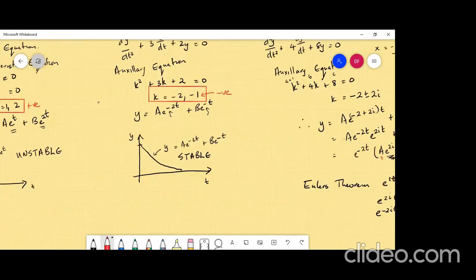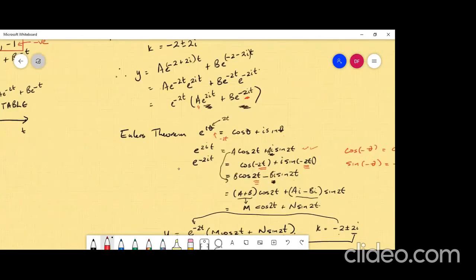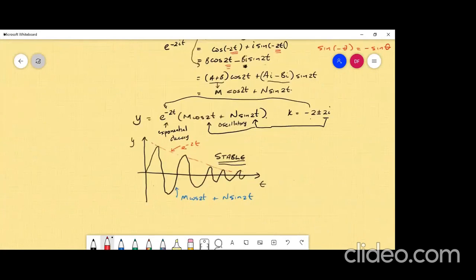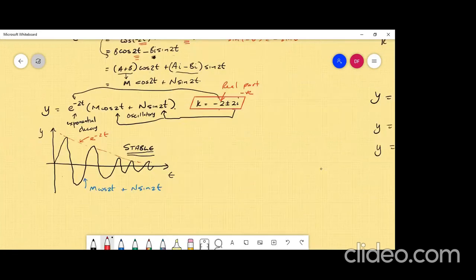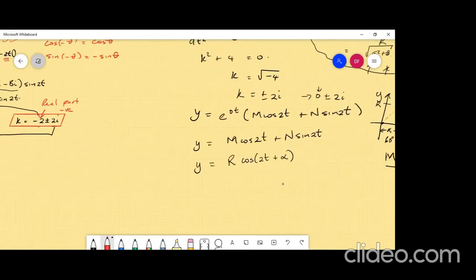But let's look at this one here. This one is oscillatory and stable, but if you look at the roots of this equation, the real part of the root is still negative. And if it is marginally stable, the real part of the root is 0.